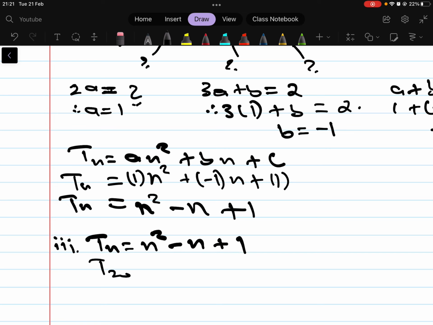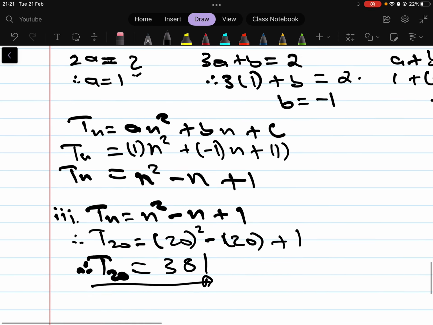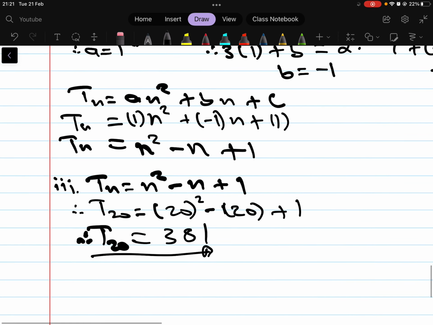So term number 20 is us just substituting 20 in the place of n and getting the value, since we already have the general term, the formula that we use to determine every term in this question. So that gives you 381 if you punch your calculator and not just use your feelings, but also use what is right or makes more sense. Let's continue.